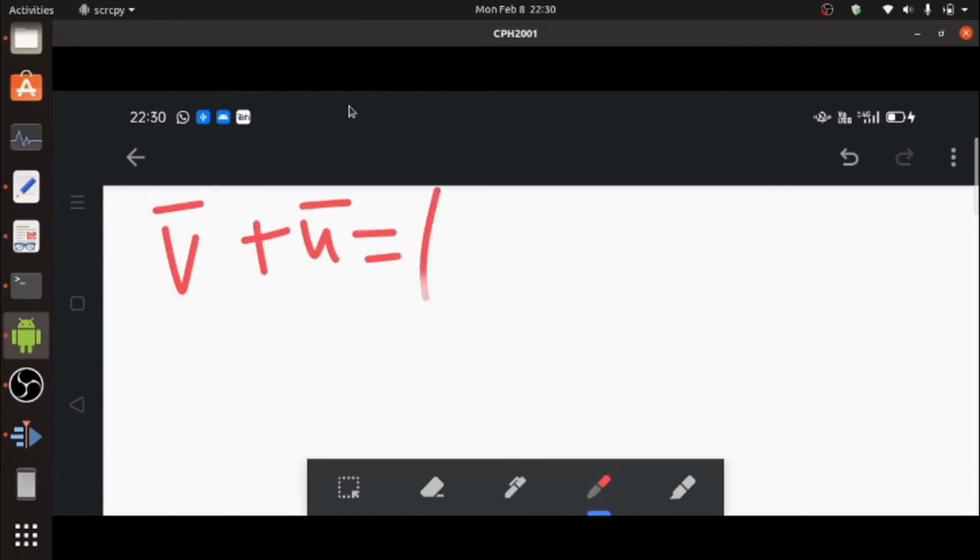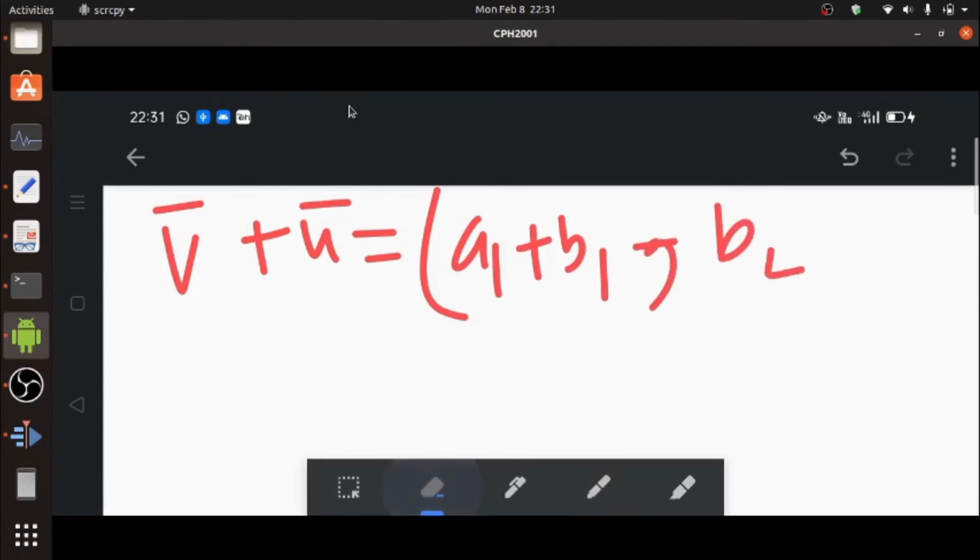Their addition is nothing but element-wise addition of the tuples: A1 plus B1, A2 plus B2, and so on.